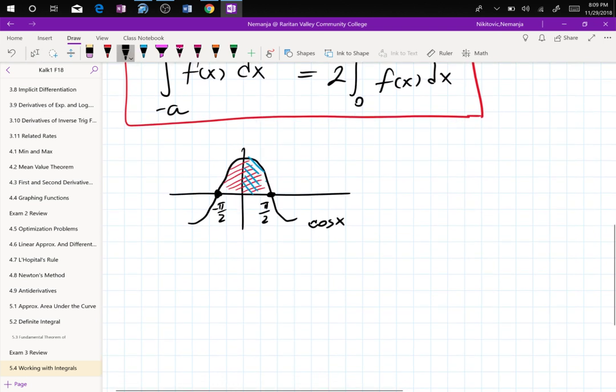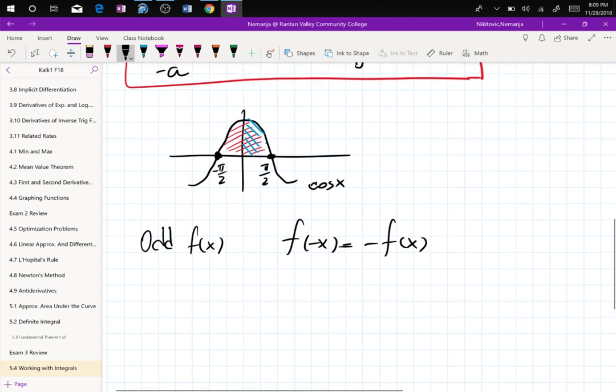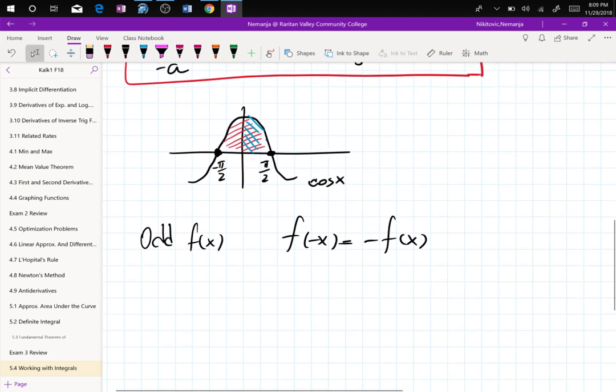Then we have the next part where you have the odd function. Now, odd f of x is going to have property that f of negative x gives us negative f of x. So that's the pre-calculus property you learned in Calculus 1, chapter 1. And for polynomials, that would be all odd exponents. You don't have to have all of them present.